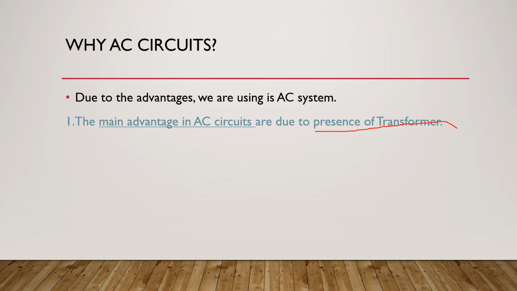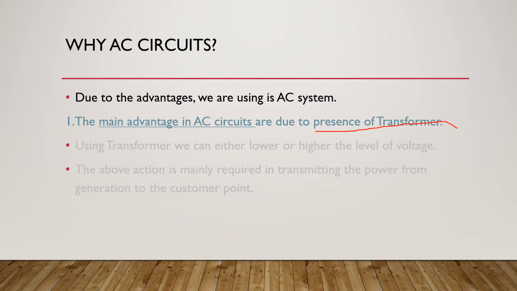The transformer is mostly used to lower or raise the level of the voltage, and above all it can be used for transmitting the power to the customer point. The second advantage is that AC motors are quite cheaper than DC motors.